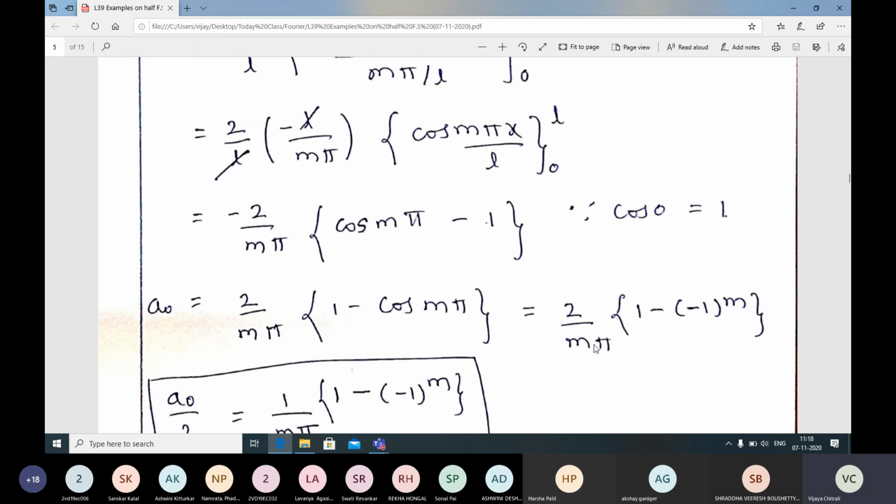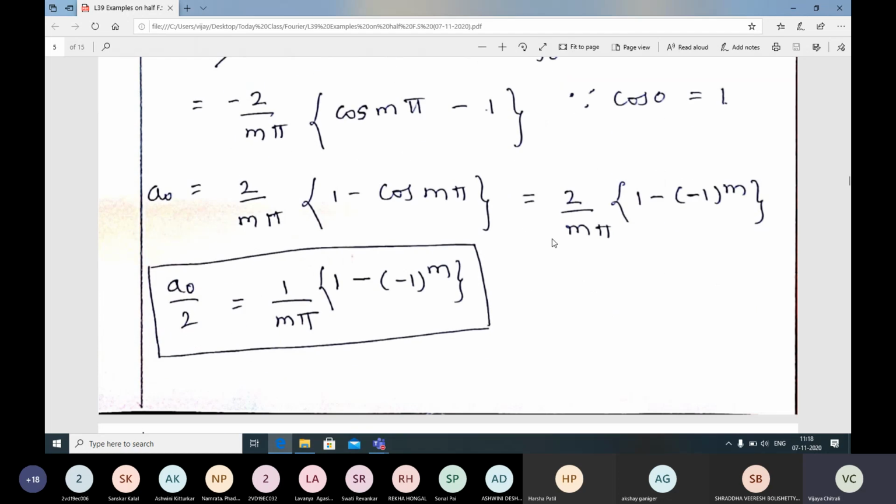So 2 by m pi, 1 minus cos n pi is minus 1 raised to n. In place of n we have m, so minus 1 raised to m. Thus this is a naught, and we want a naught by 2. So a naught by 2 is equal to 1 divided by m pi, 1 minus minus 1 raised to m. So this is a naught by 2.